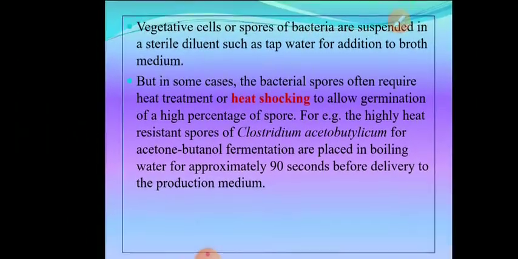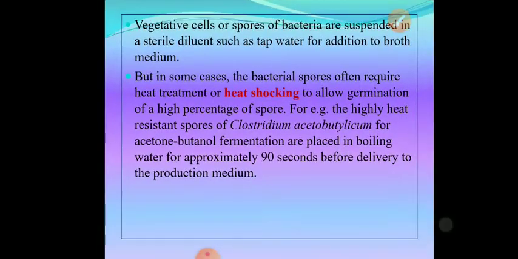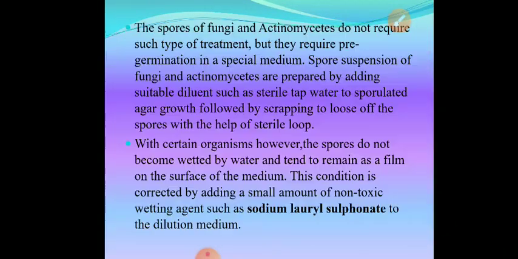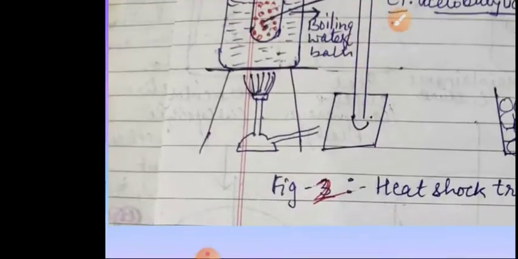So there are certain problems with initiation of growth of microorganism in the beginning of inoculum buildup, and that is to be taken care of. This is how you perform heat shock treatment for spores of Clostridium acetobutylicum.